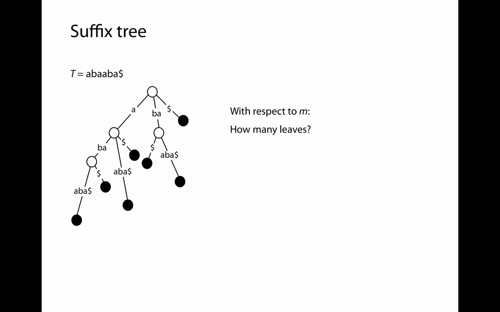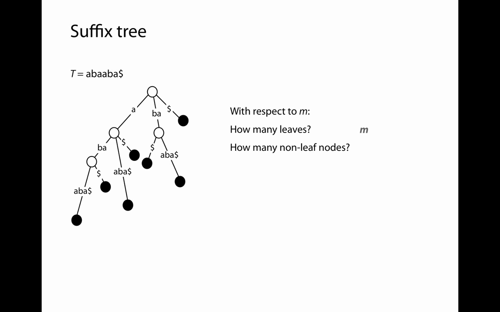Again, here's a suffix trie that we have done this coalescing procedure on. How many leaves does this compacted trie have? Well, again, it has m, or m+1 if you count the $ leaves. And how many non-leaf nodes does it have?